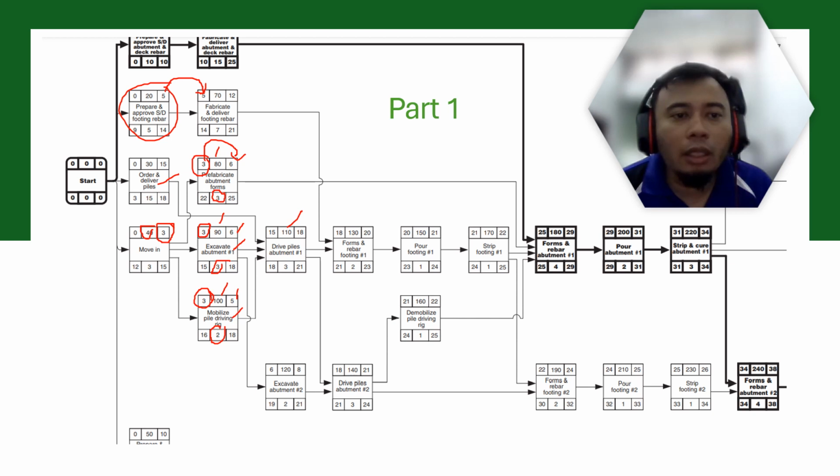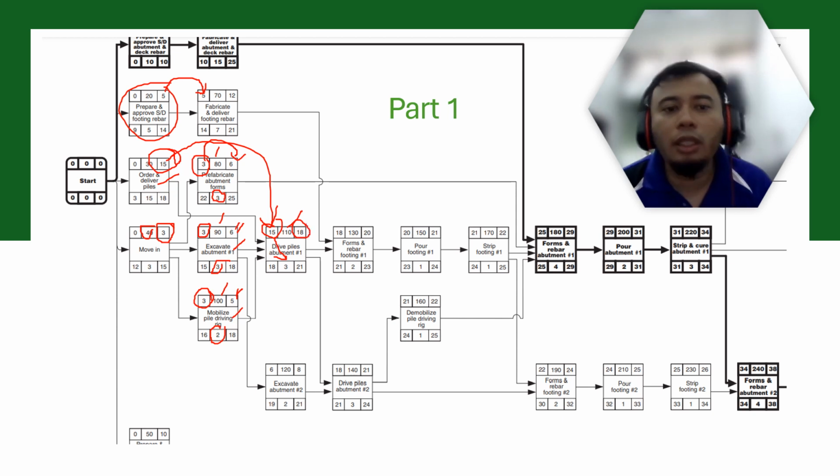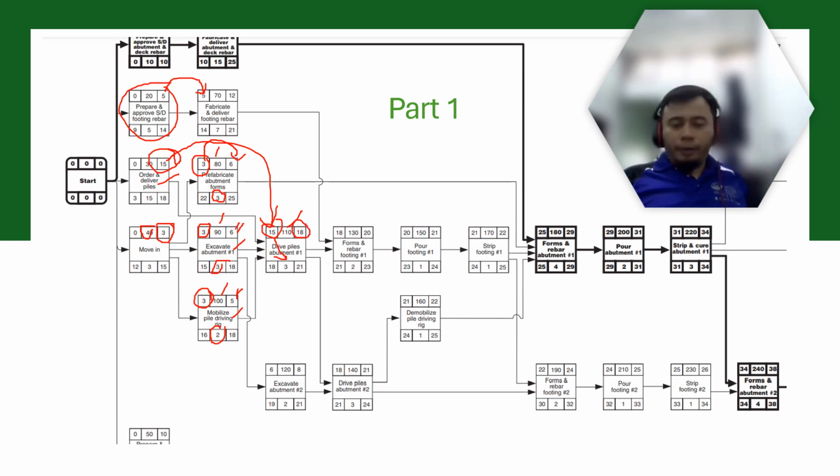Activity 30 is day 15, activity 90 is day 6, and activity 100 is day 5. The latest is activity 30, so it will be the earliest start for activity 110. So day 15 plus 3 days of driving piles into the abutment, your earliest finish will be day 18.